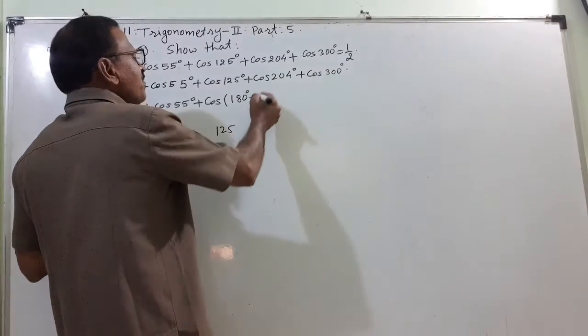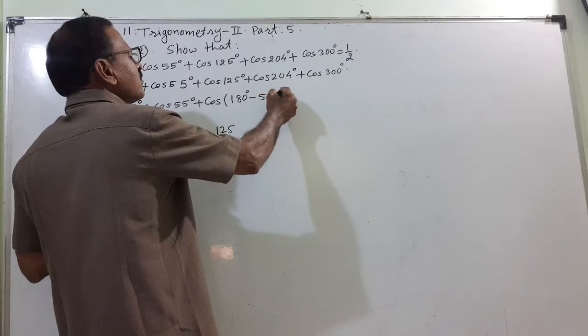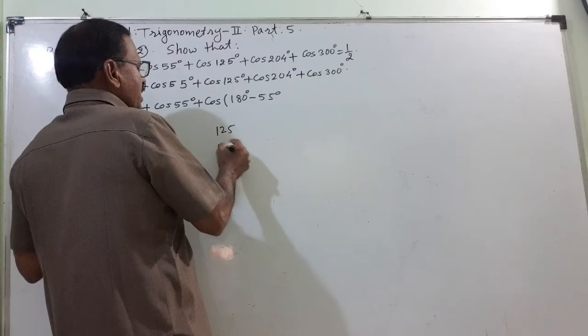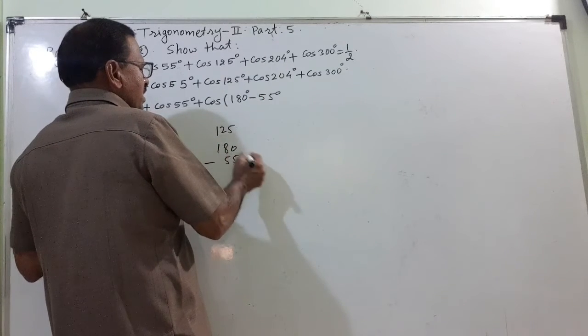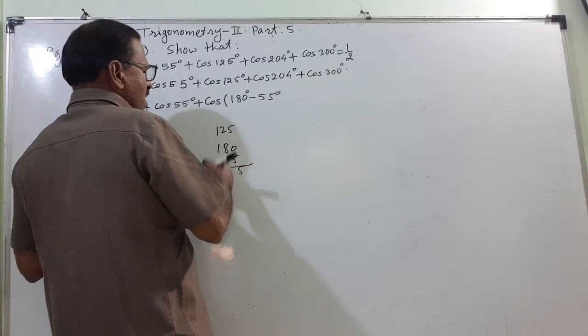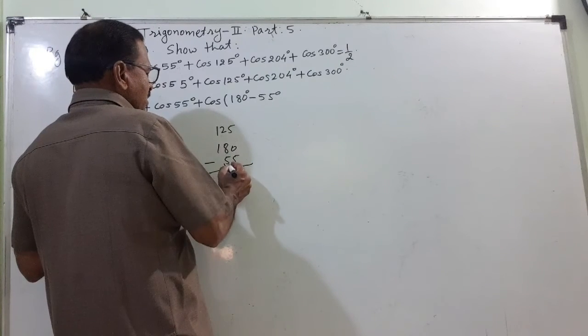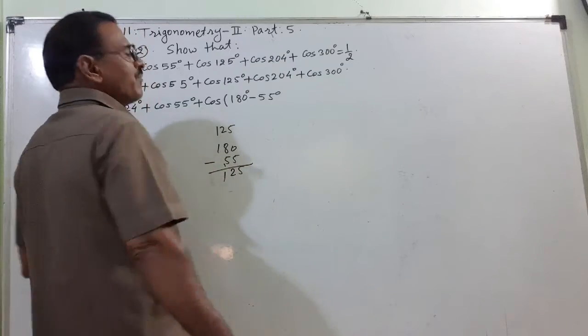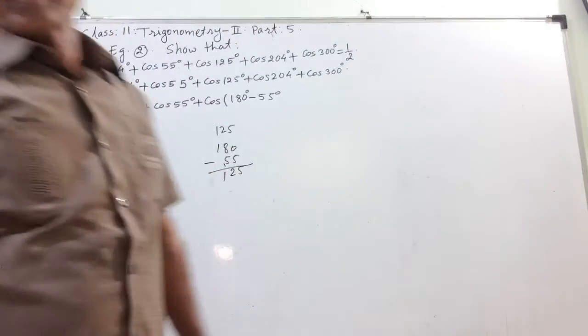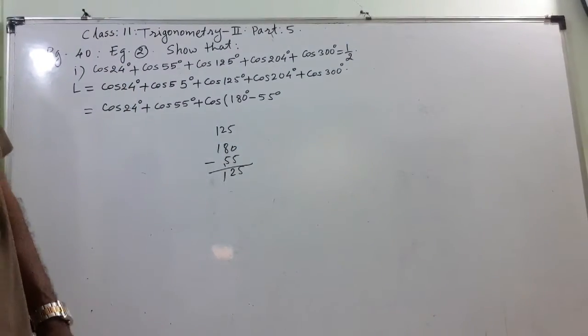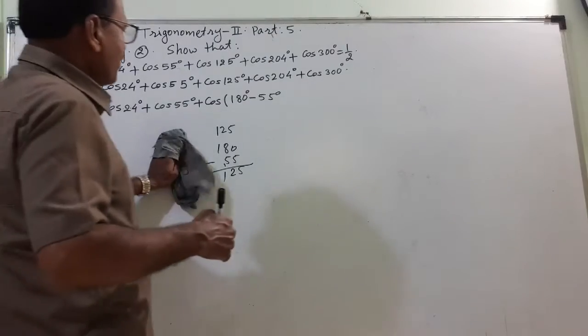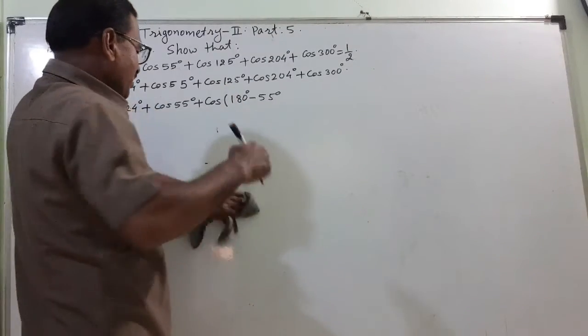Naturally 55. See this, 180 minus 55 is equal to 125 degree. So this way I have found that 180 minus 55 is nothing but 125.